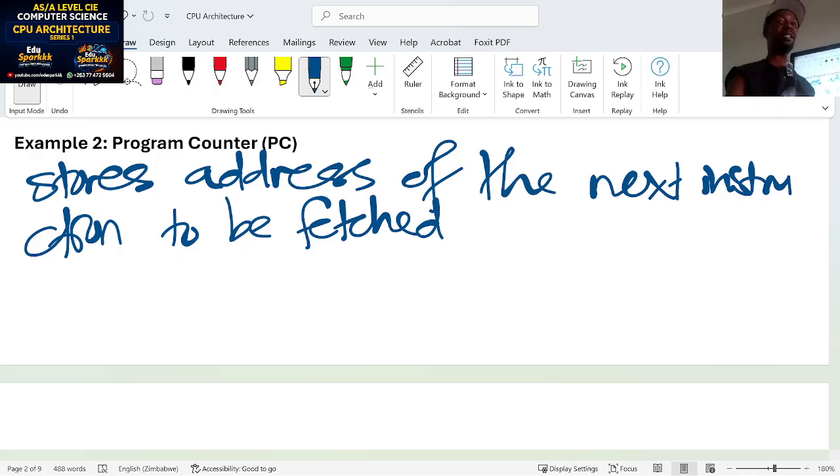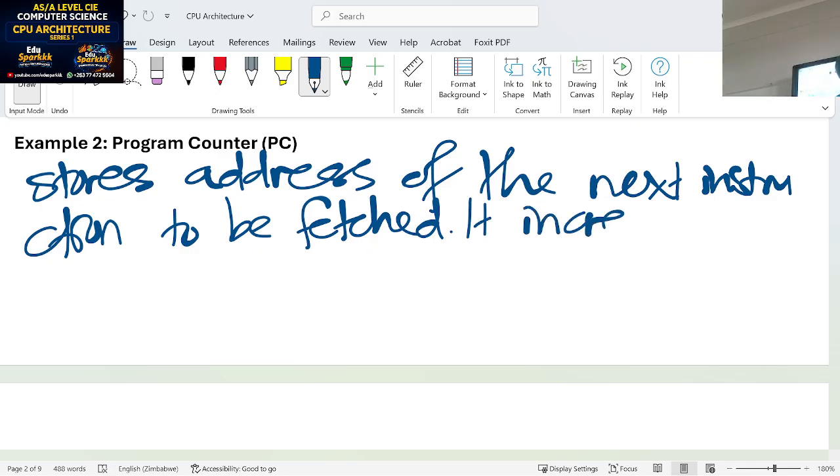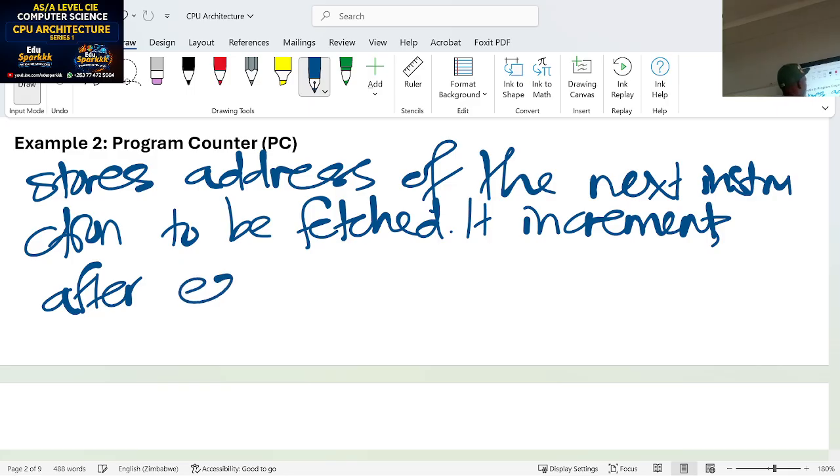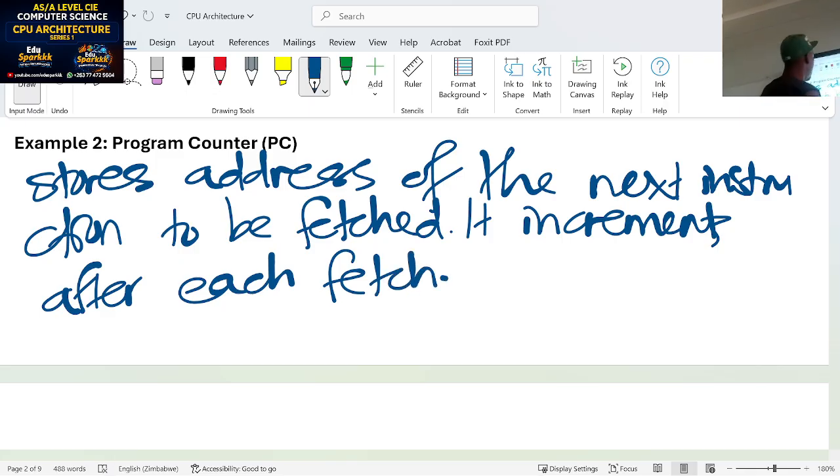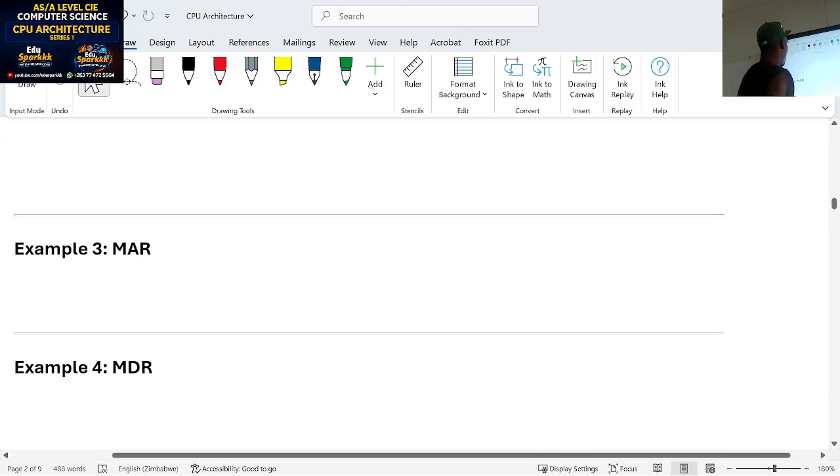Well, it increments or changes its state after each fetch. So when the instruction has been fetched, then the program counter does increase its position.